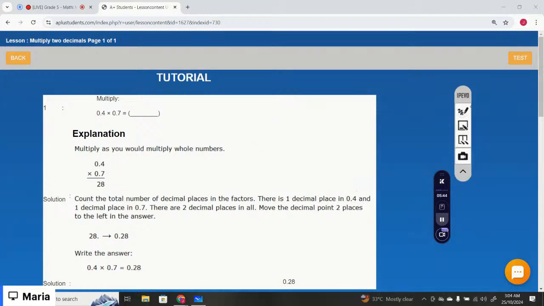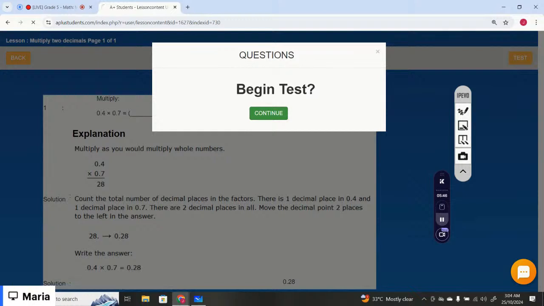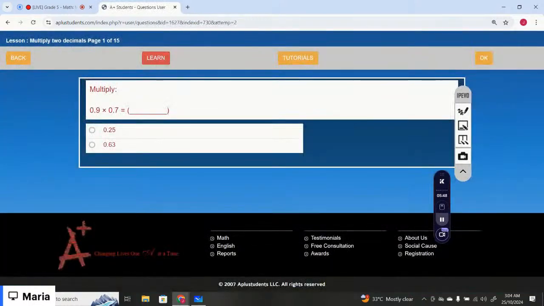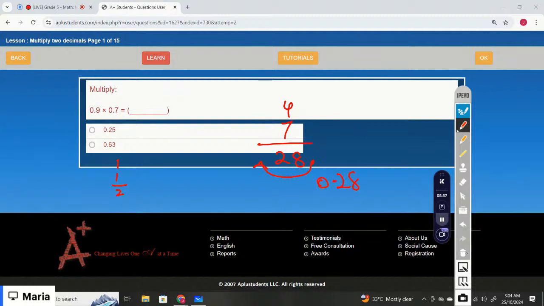Let's just start with the test questions. 0.9 times 0.7. So just multiply them without decimal. You have to do 9 times 7. 9 times 7 is 63, right?